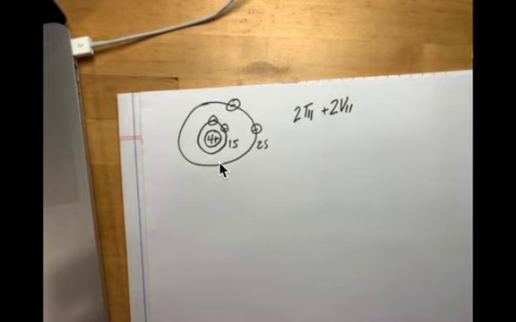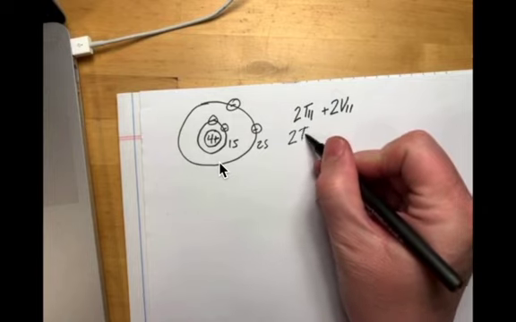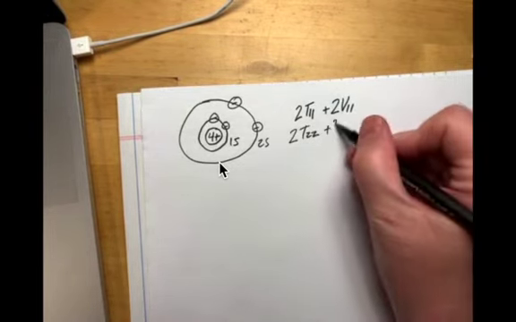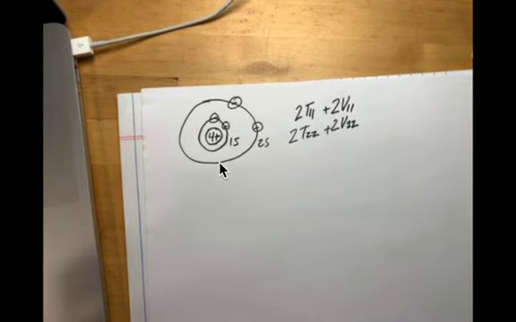Both of those guys are attracted to the nucleus. Two electrons in a 2s orbital, they have kinetic energy. Two electrons in a 2s orbital, they have attraction to the nucleus. So we've seen all this before.